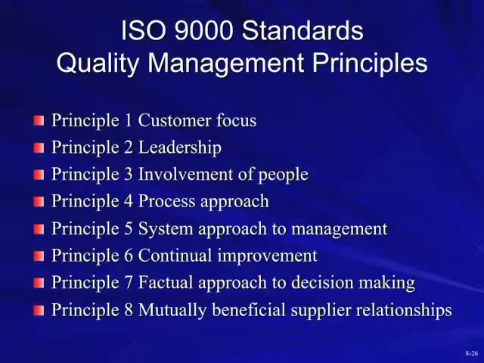Some of the principles in ISO 9000 are these eight principles, leading from customer focus, leadership, people involvement, processes, systematic approaches, continual improvement, and so on. The ISO 9000 award is a very prestigious award.